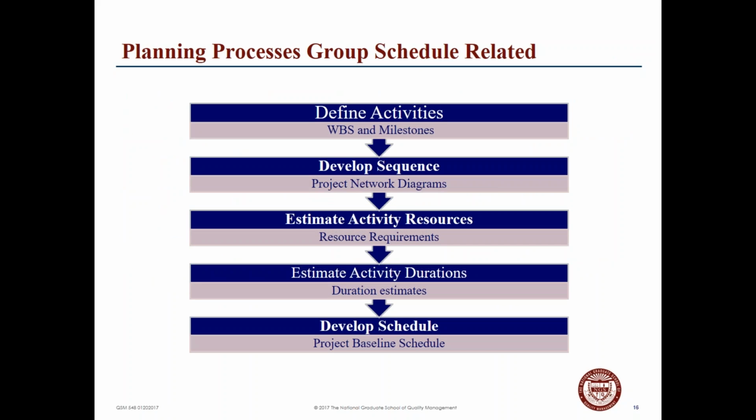So, when we look at the planning process and how it relates to the schedule process, we want to define the activities, which is the work breakdown and milestones. We want to develop the sequence. How are they connected? What's the start, the steps, and the finish? And we do that via diagrams. What are the resource requirements that are needed?